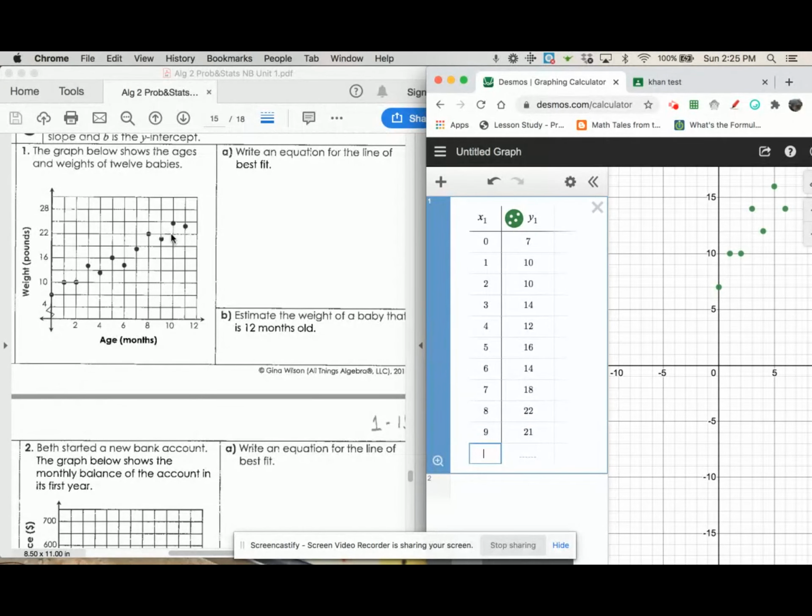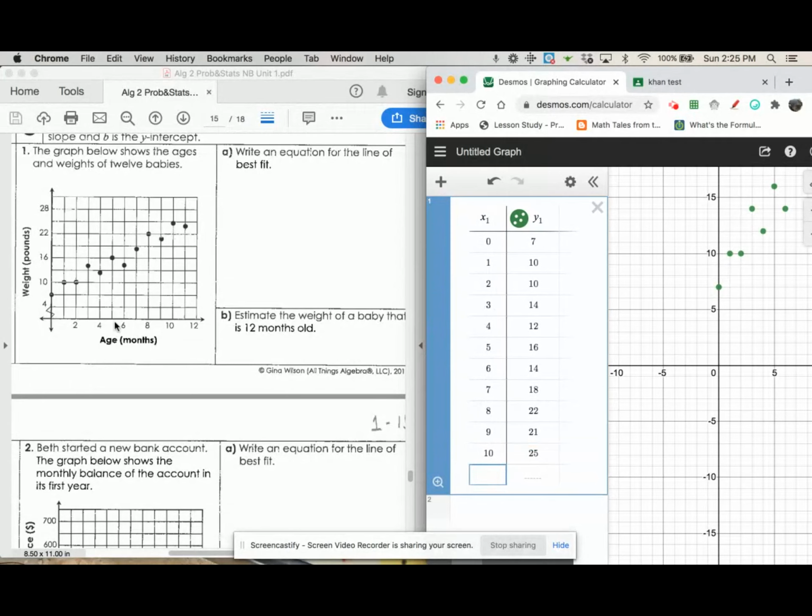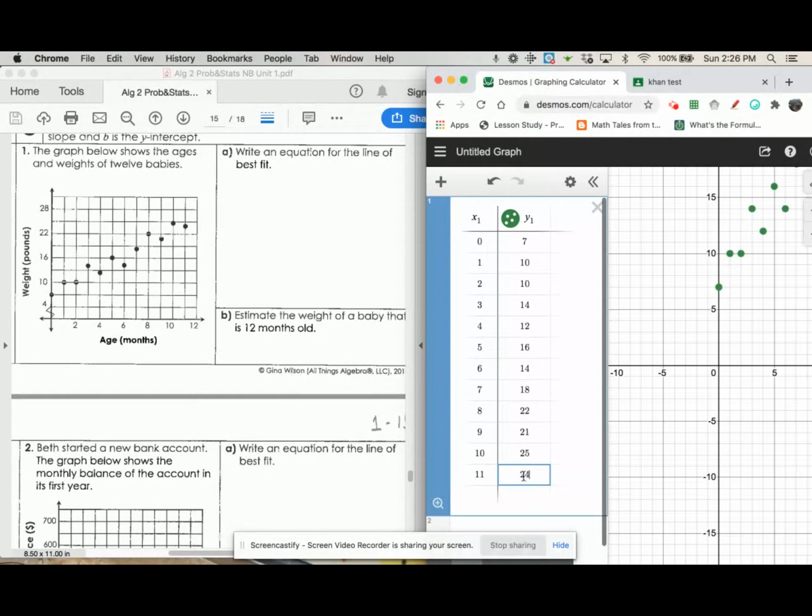The next one is at 10 months, and it looks like it's right at this mark here. It's 3 above 22, so 25. So 10, 25 is my next point. And what do I have next? 11, and we will say that that is a little bit below 25, 24. So 11 months, 24 pounds.